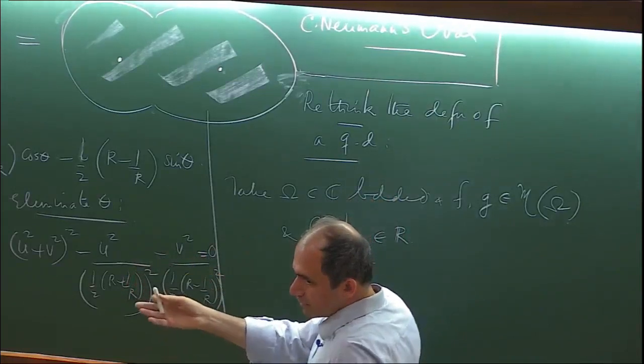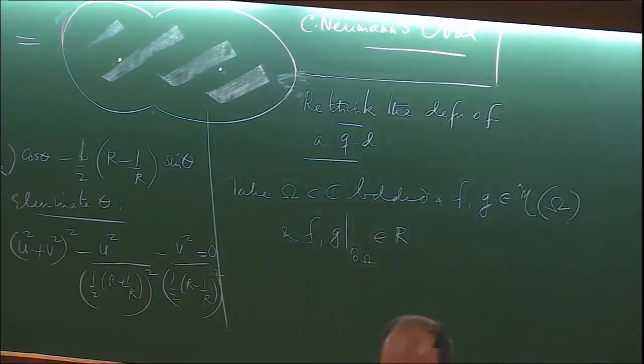This is a mapping from your domain into P1 cross P1, because both F and G have poles. On the boundary, both components are real, so this map takes you into R cross R.